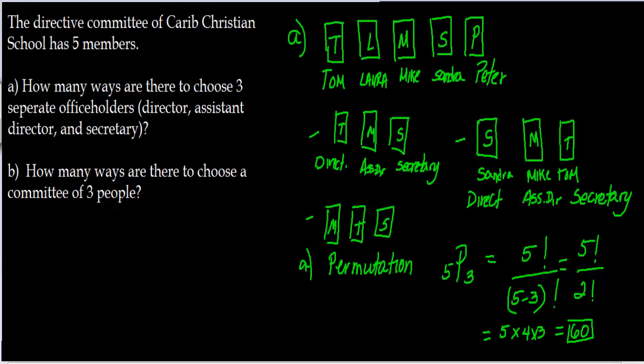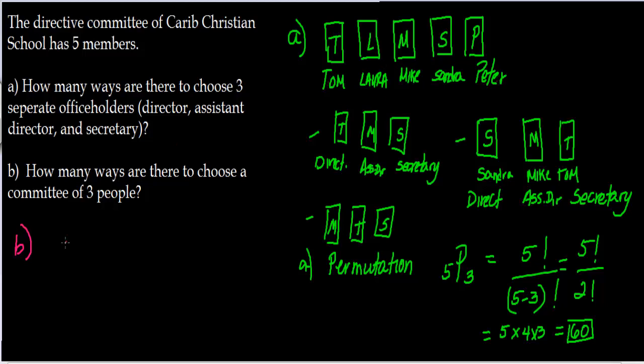For letter B, how many ways are there to choose a committee of 3 people? A committee of 3 people, they're not holding any office. So what this means is you're going to make a group of 3 people out of the 5 people that I just named here.